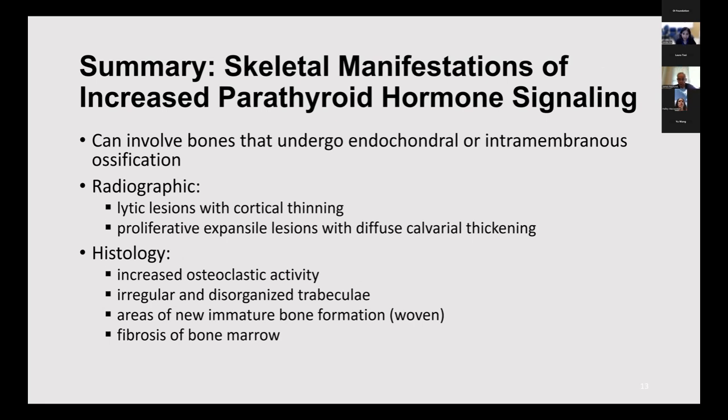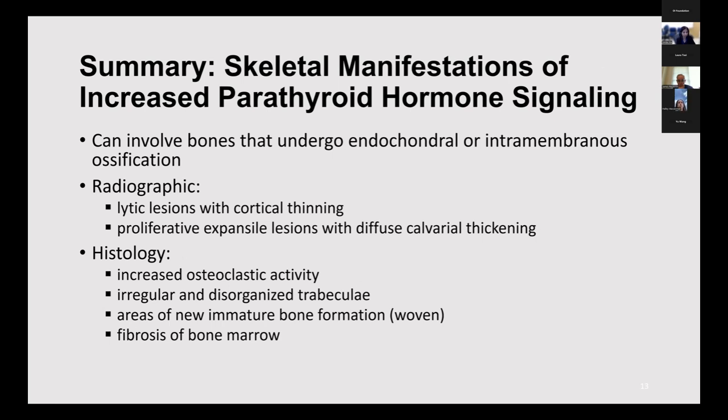So to summarize, we have seen that increased parathyroid hormone signaling can involve bones that undergo endochondral or intramembranous ossification. Radiographically, in the long bones, we see lytic lesions with predominantly cortical thinning, and in the craniofacial bones, it appears as proliferating expansile lesions with diffuse calvarial thickening.